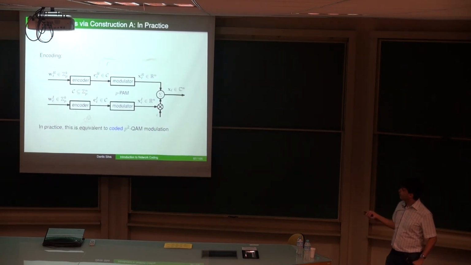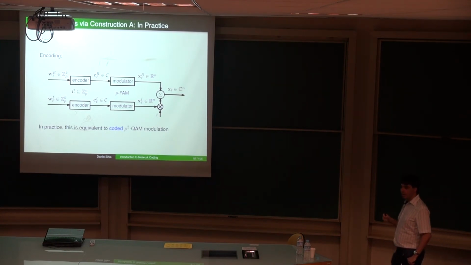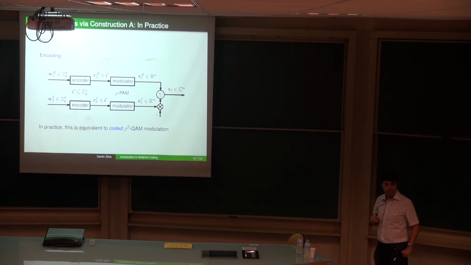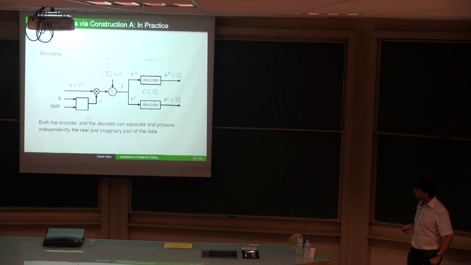And then in practice, you can just view your construction as this coded modulation. So you have an encoder, and then a modulator that is just a p-PAM modulator, but you're doing separately the real and imaginary parts. So in the end, you get a p-squared constellation. And interestingly, the decoder can also separate.